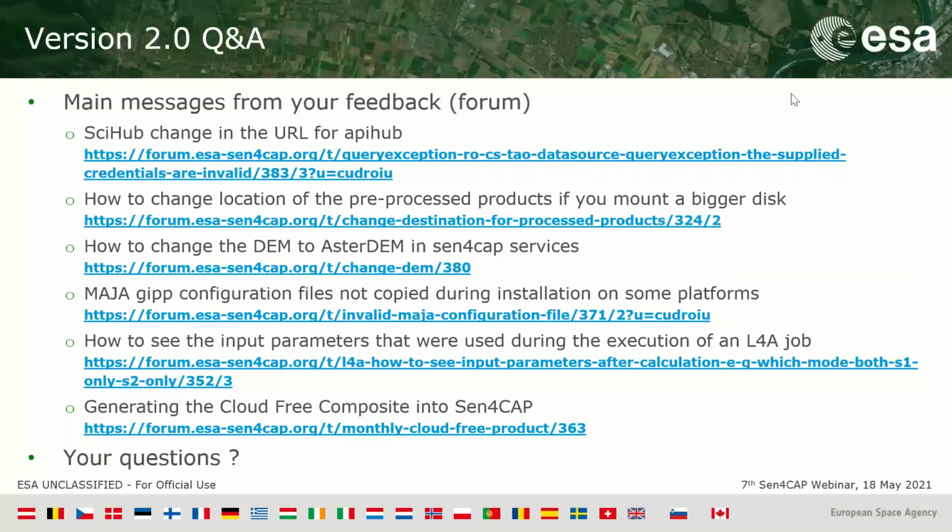And also another interesting topic was a question about generating the cloud-free composite in Sen4CAP. This processor, the cloud-free composite processor, exists in the Sen2Agri system, but so far we did not include it in the Sen4CAP system.